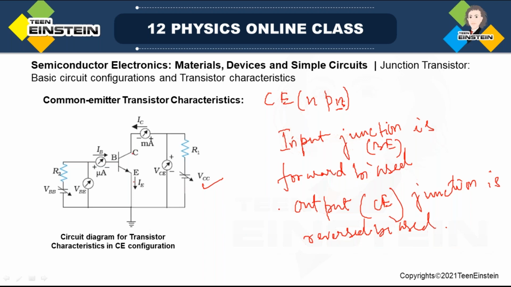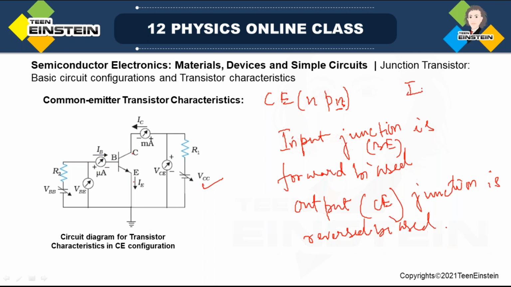Now here, look, what else do you have? A voltmeter to measure the input voltage. Then you have a microammeter, as we have seen in the transistor operation part.